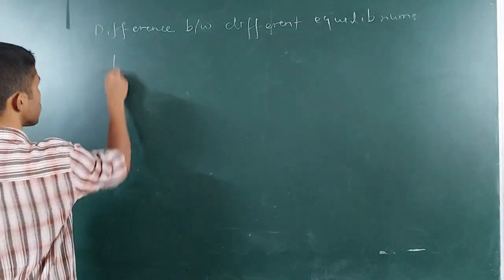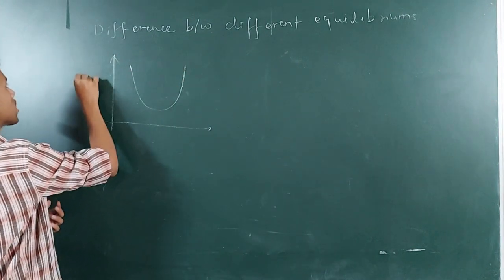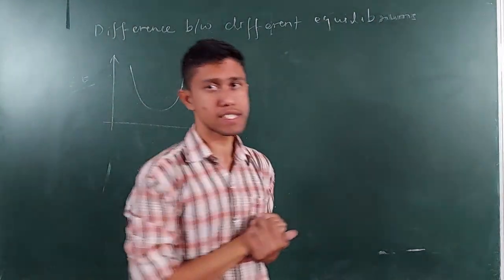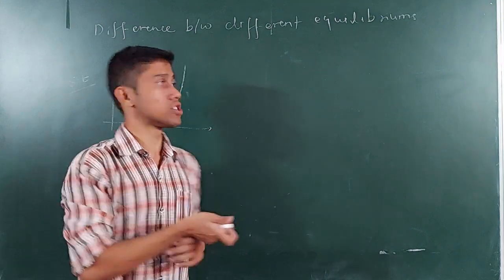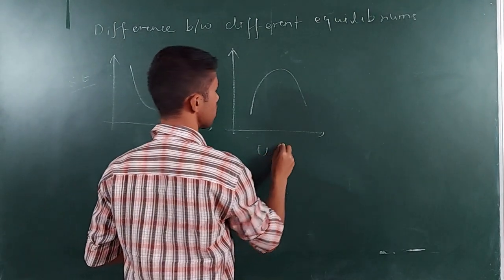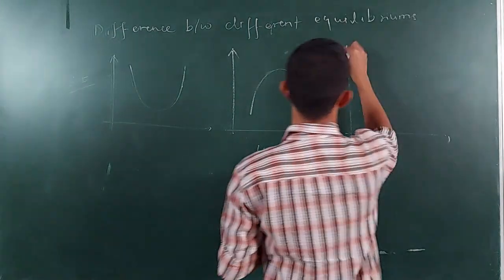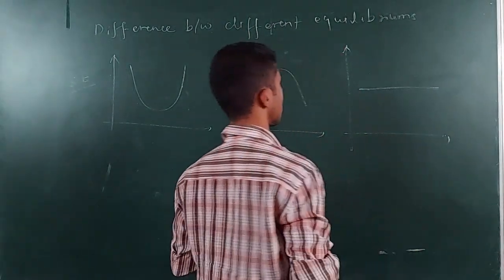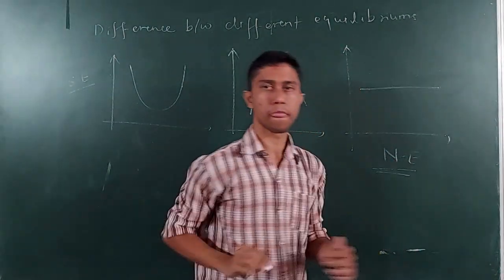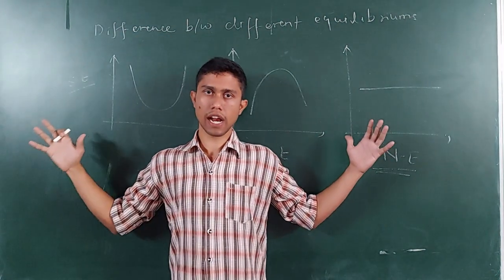You know that for stable equilibrium, the curve is a U-shaped curve. For unstable equilibrium, it is an inverted U shape. And for a neutral equilibrium, it is a straight line.